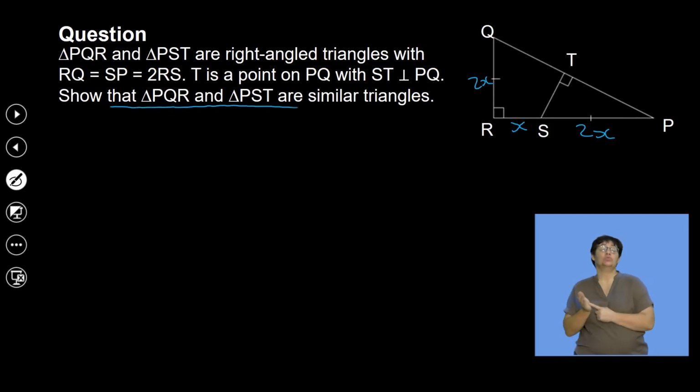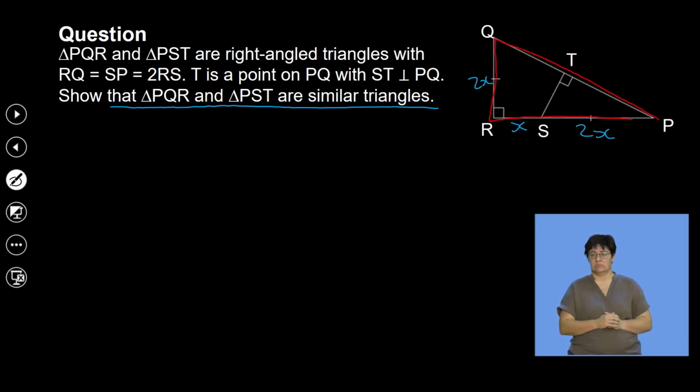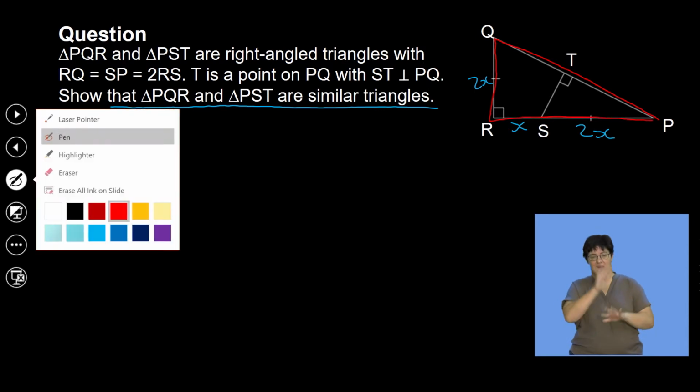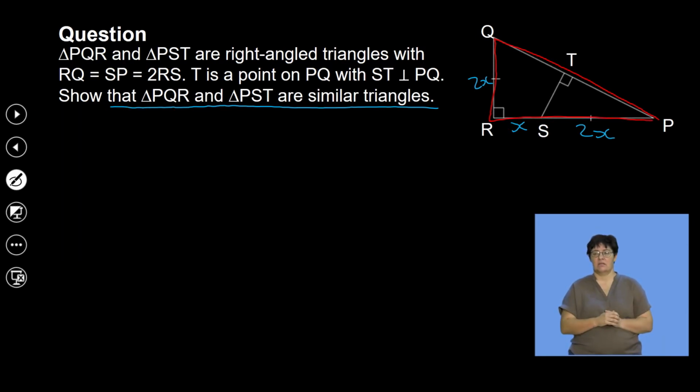Show that the two triangles are similar, right? I said always go to the diagram, highlight what they want you to show. So I'm going to highlight PQR, and then I'm going to use a different color to highlight the other one, which is PST. So I must prove that those two triangles are similar.